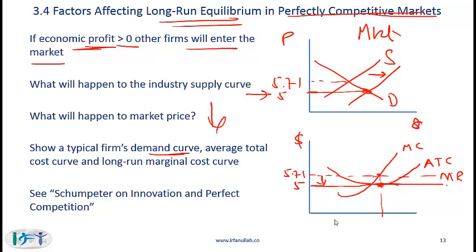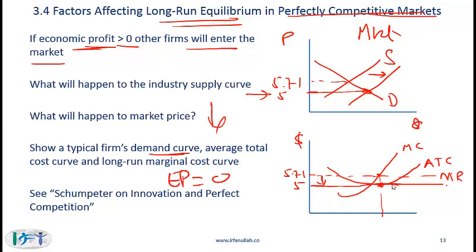Then economic profit will be 0. So notice that over here cost per orange is the same as revenue per orange, and therefore the economic profit is 0. This is the long run equilibrium.